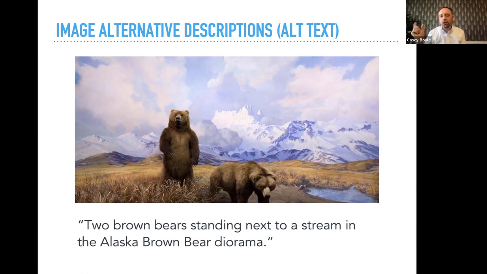Two brown, and what you miss out on here is the diorama business, because you can't tell that's a diorama from the image alone. That's the only thing anybody missed. But a couple of these descriptions are even better than this one, the ones that talk about the mountains. I think the mountains are pretty important, but they are not in the actual image description on the website. So this is how it appears on the actual website.